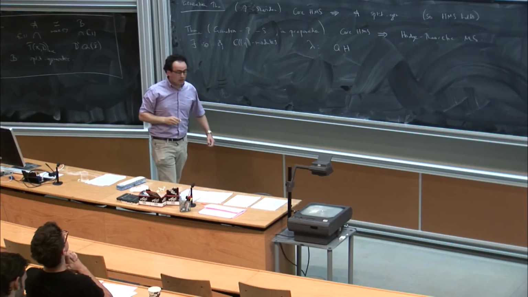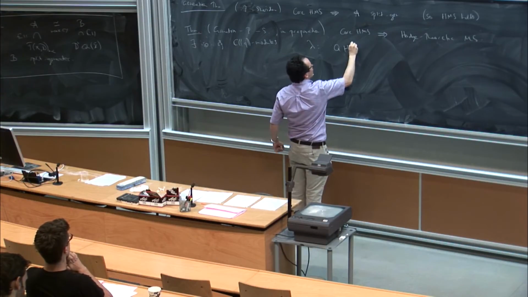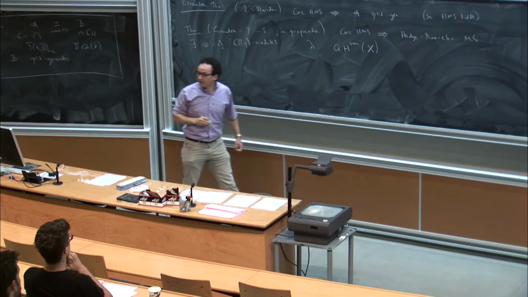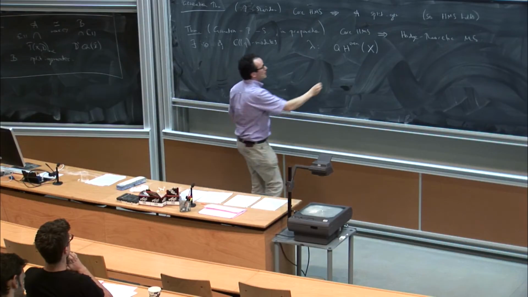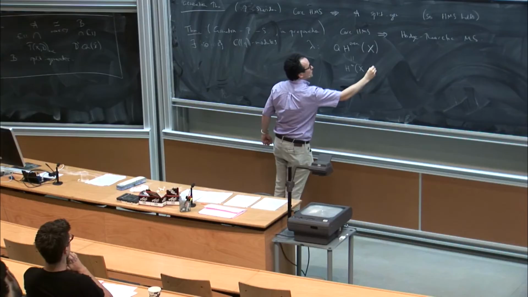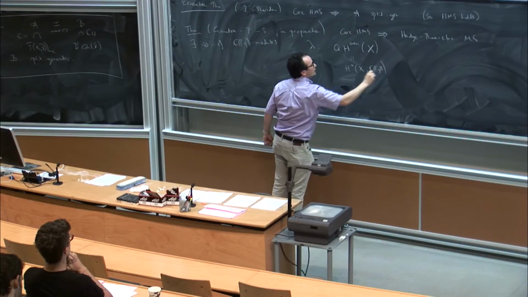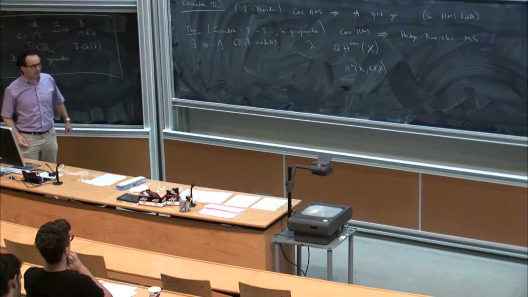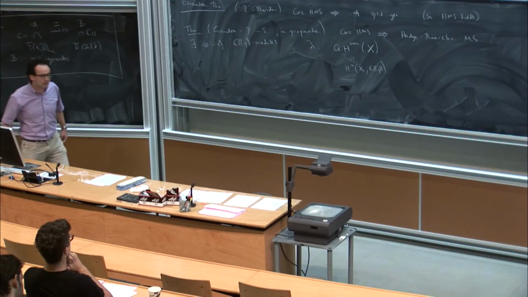So this is going to go from the even part of the small quantum cohomology of X. So this is just the cohomology of X with coefficients in this field, but it has more structure lurking, ready to be used.